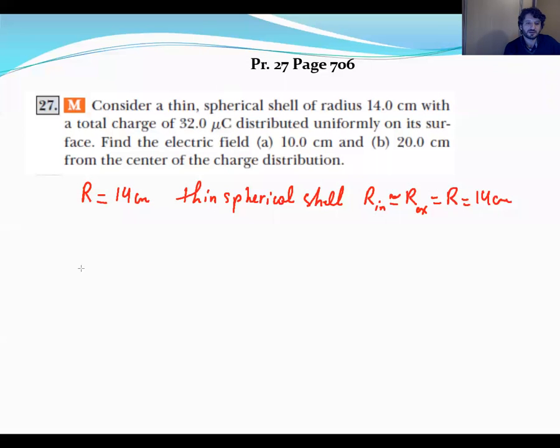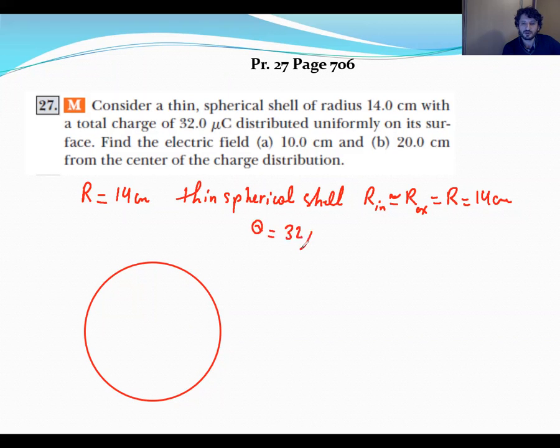We can say here is the spherical shell with a very small thickness. The total charge Q equals 32 microcoulomb. Micro means 10 power minus 6, okay? Equals 32 times 10 minus 6 coulomb.